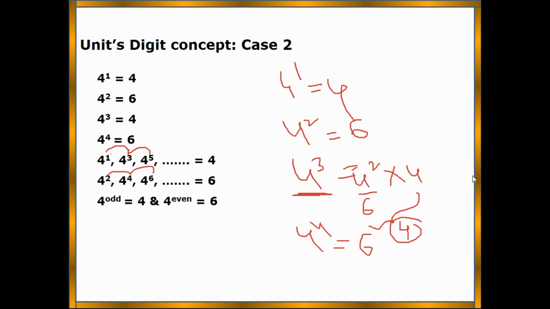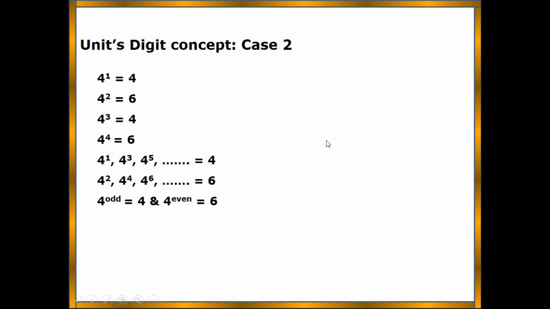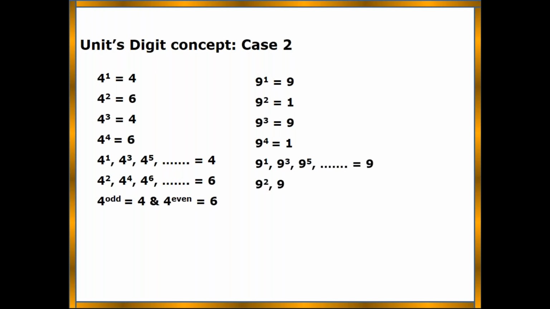Just you have to identify whether the given power is an even power or odd power. The same condition is also applicable for 9. 9 power 1 is 9, 9 square is 81 which means 1, 9 cube is 729. Otherwise 1 into 9, 9 into 9. So 9 power 1, 9 power 3, 9 power 5 give 9, and 9 square, 9 power 4 and 9 power 6 give 1. So 9 power odd is 9, 9 power even is 1.